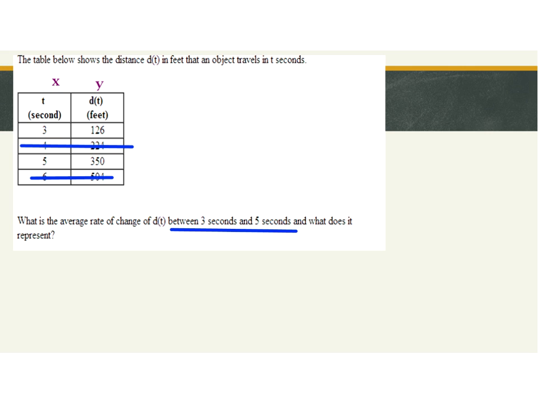What we said about average rate of change. Average rate of change is what? We talked about it being slope, right? So if I say y2 minus y1 over x2 minus x1, what we're going to do is have the change in y over the change in x.